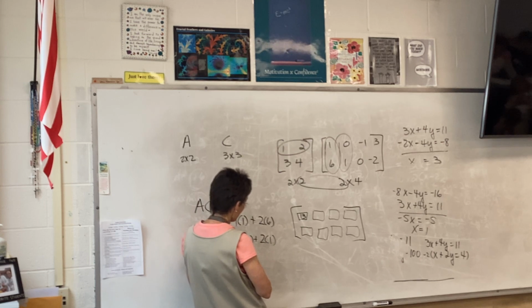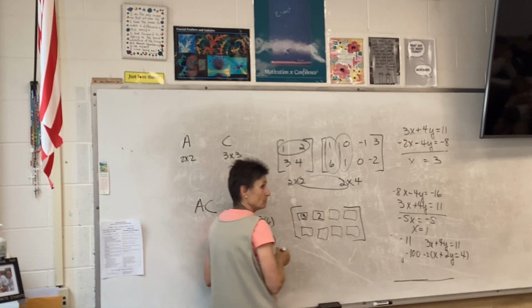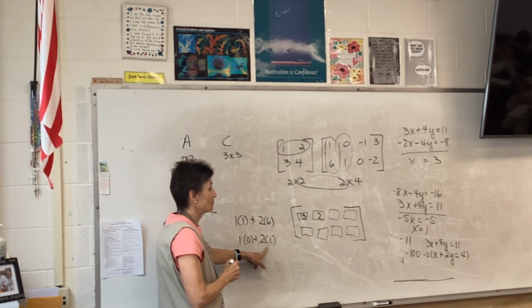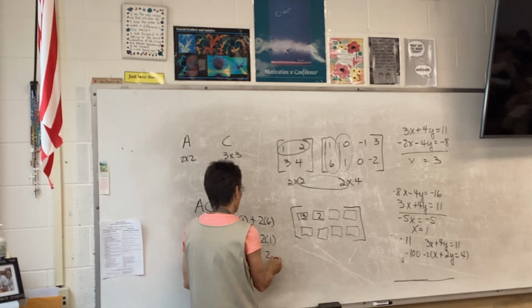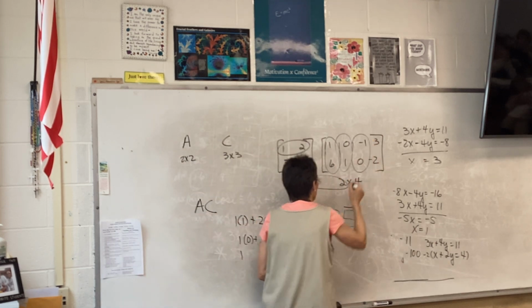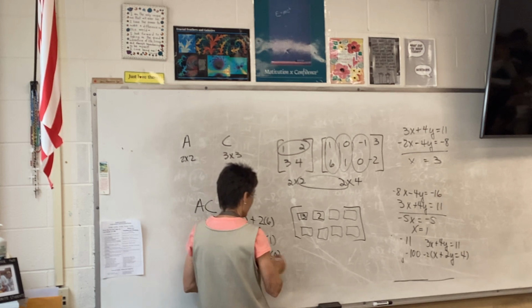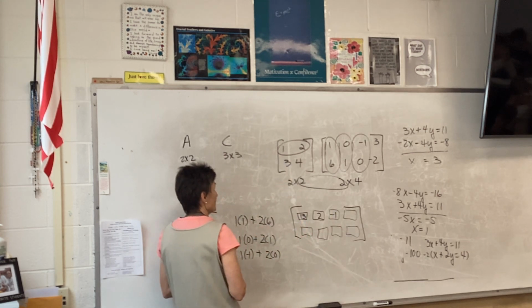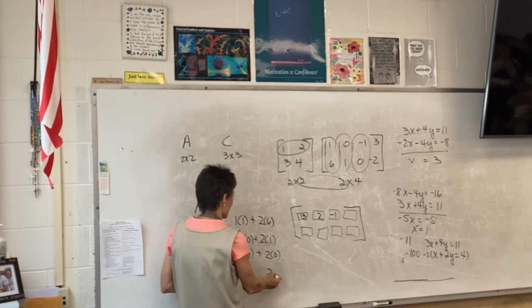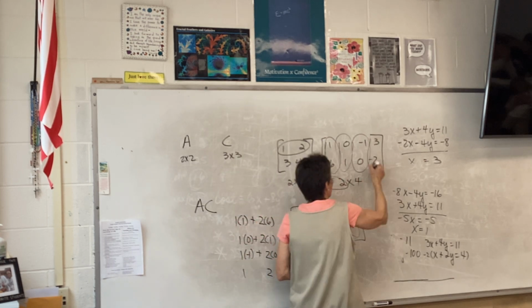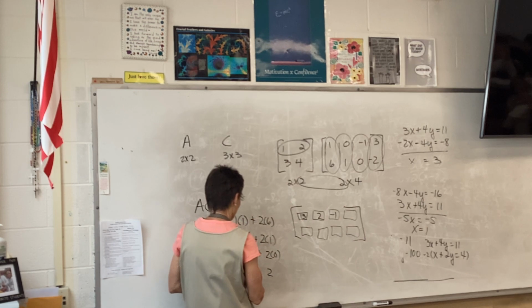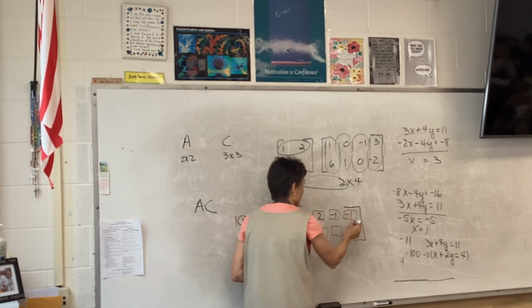So that entry will be 2. Still in row 1, but now column 3. So that one is -1. And one more time, still in row 1, but now column 4. Another -1.